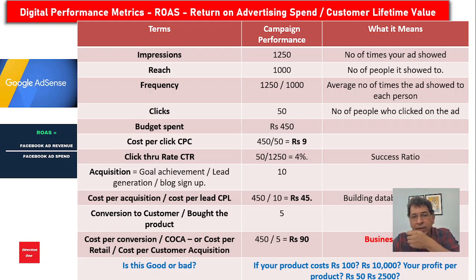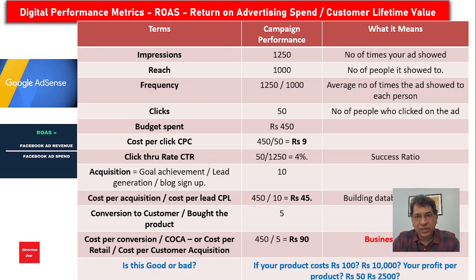I can measure CTR from the point of view of keeping impressions in the denominator. I can also do reach. So if I take, for example, 50 divided by 1000, I divide it by reach, then I get a CTR of 5%. Both are equally valid ways of measuring CTR, and I spent 450 rupees in this campaign in one day. How do I know this?